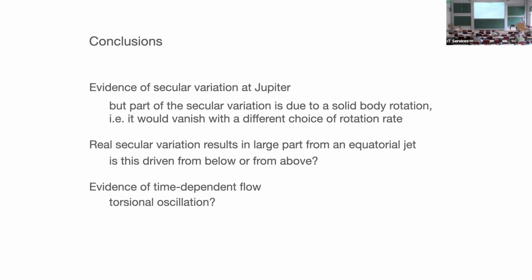So what Kimmy Moore, a former student, did was to do the experiment of flying much earlier missions like Voyager and Pioneer and Ulysses through today's Juno-determined magnetic field and look at the difference between what those earlier missions actually observed and what they observe today.